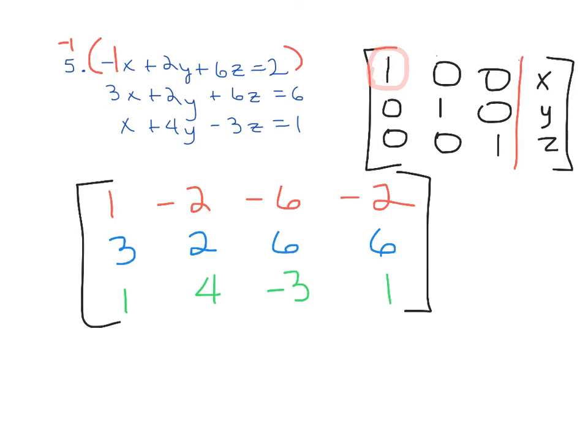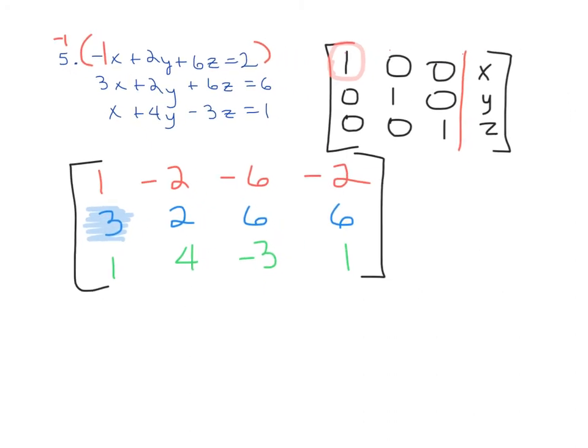Again, we want to change the ones first, and we're doing it column by column, and then we do the zeros. So I've already done the first one in column 1. So now I'm going to work on changing this 3 to a 0. My pivot row, or the row that I'm going to multiply, is always the one that I just changed to a 1.